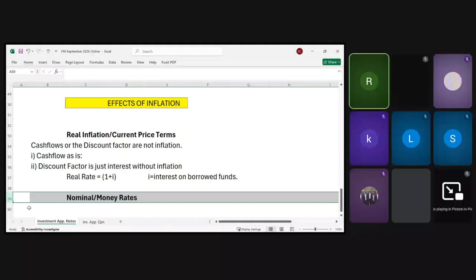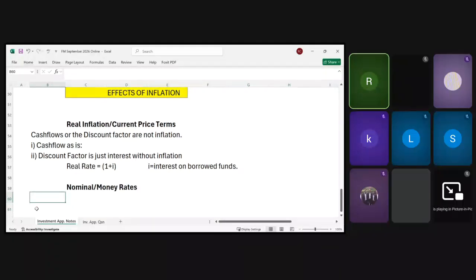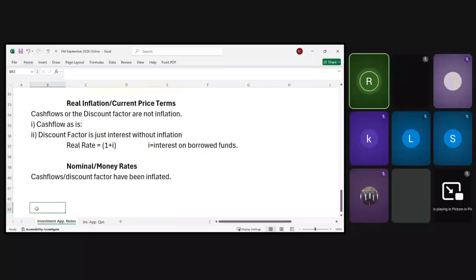It means that the cash flows or discount factor have been inflated. So it's very key for you to check on your cash flows that you're given, whether they are in nominal terms or they are in real terms, so that you know the way forward.